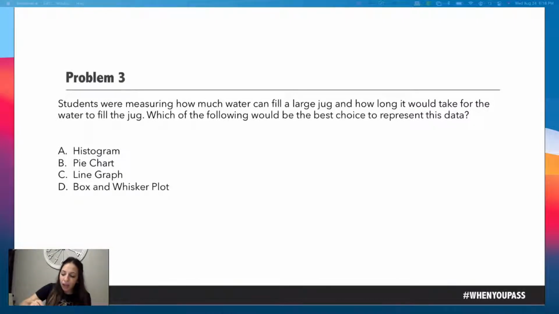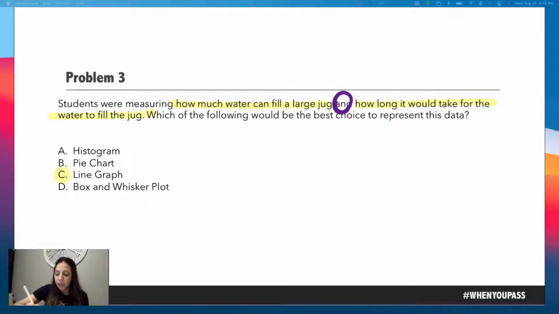We have how much water and how long it would take for that water to fill the jug. So we have 2 numerical values. We have an amount and we have a time. When I think about an amount and a time on the same graph, I'm immediately thinking about a line graph.